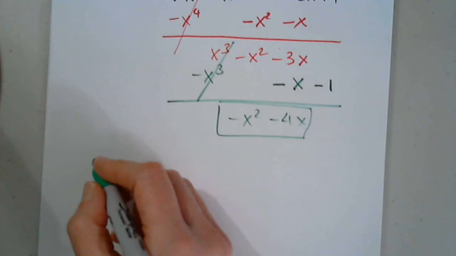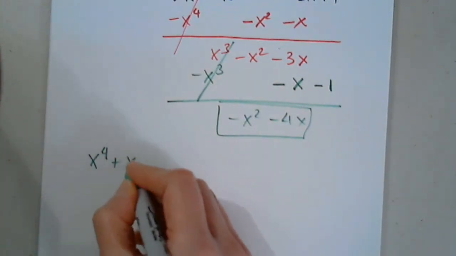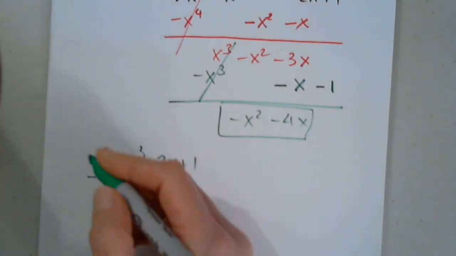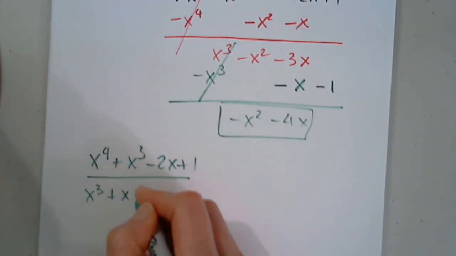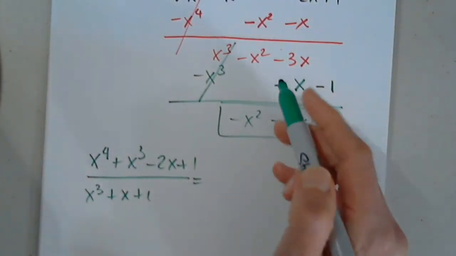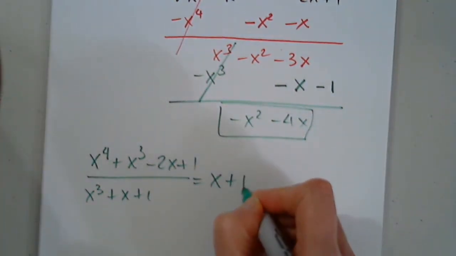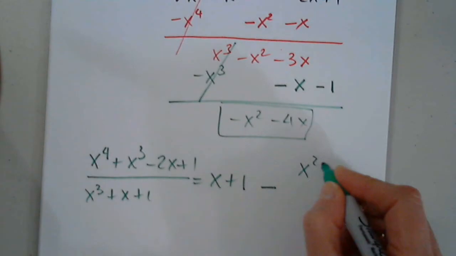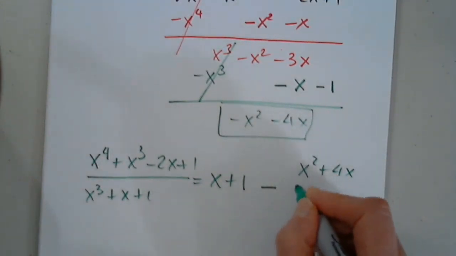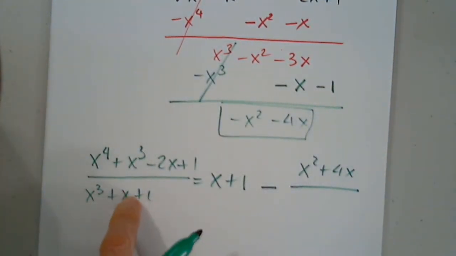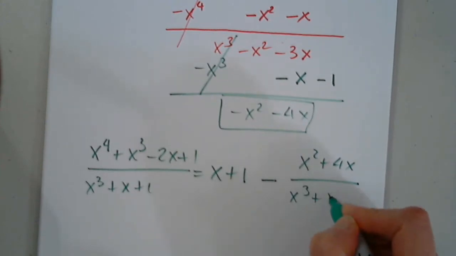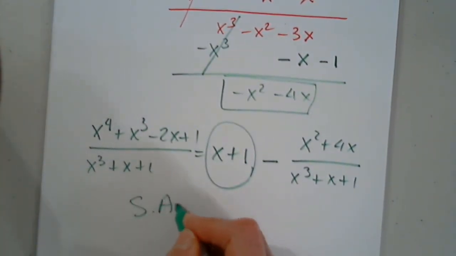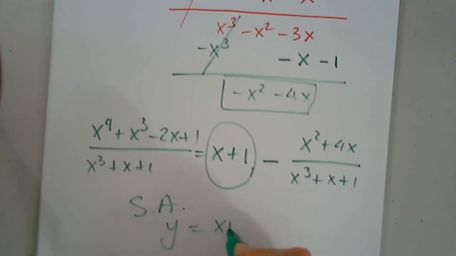So the division of x to the fourth plus x cubed minus 2x plus 1 over x cubed plus x plus 1 equals the quotient x plus 1, minus the remainder x squared plus 4x over the divisor, x cubed plus x plus 1. Only the quotient is the slant asymptote, y equals x plus 1.